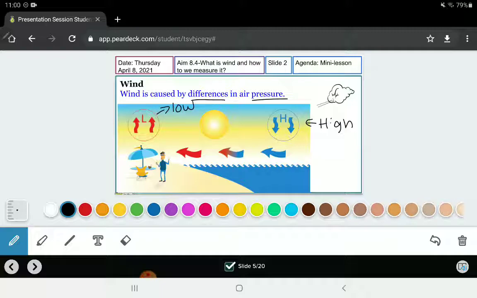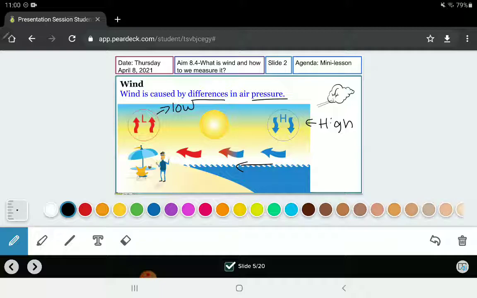So this high air pressure is pushing down on the cool ocean air. And as it moves closer to land, it actually starts to warm up. The longer it's been in the water and the more sunlight that's beating on it, it starts to warm up as it reaches the land.